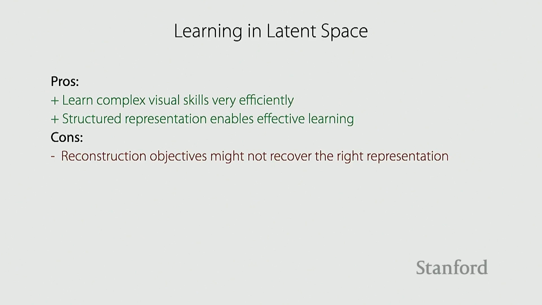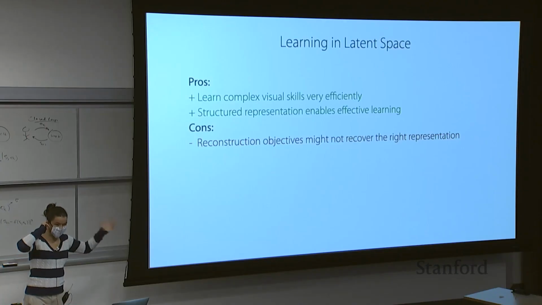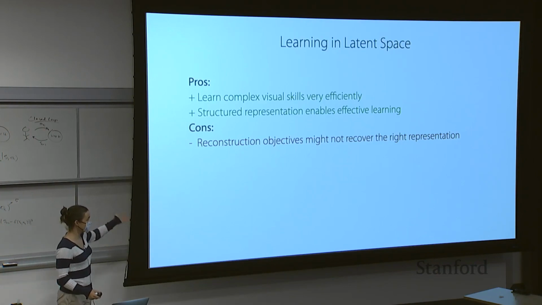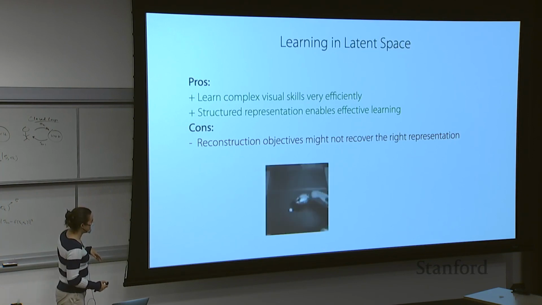And we talked about before how, if your state has a lot of stuff in it that isn't relevant to the task, then the model might choose not to model the stuff that's relevant to the task. As an explicit illustration of this, at one point when I was running some of the experiments for the previous paper, I wanted to get the robot to toss a ping pong ball.